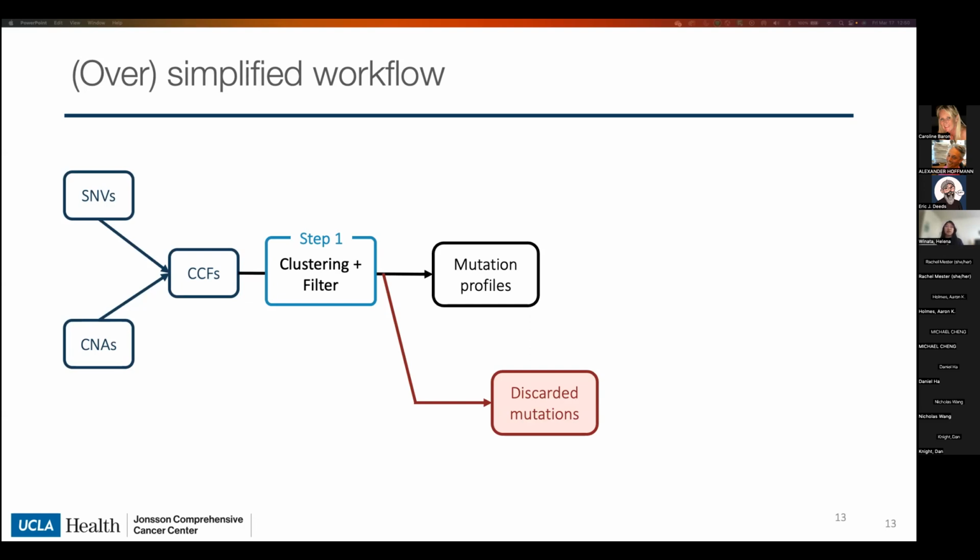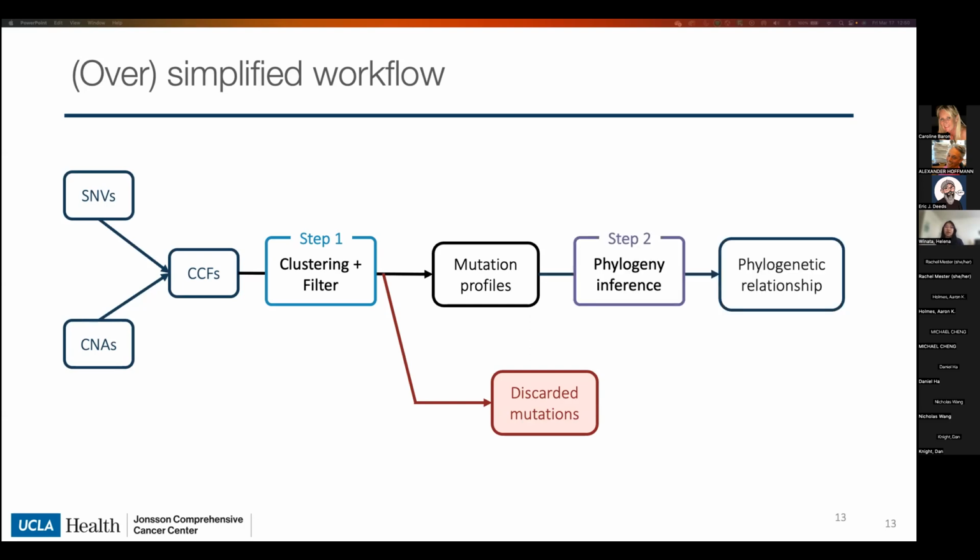And these usually are low CCF mutations that look like noise. And the reason we do this is to simplify the problem further. And once we have the mutation profiles, we infer the phylogenetic relationships in order to build the tree.